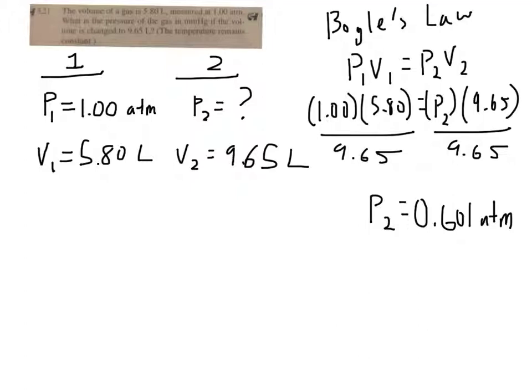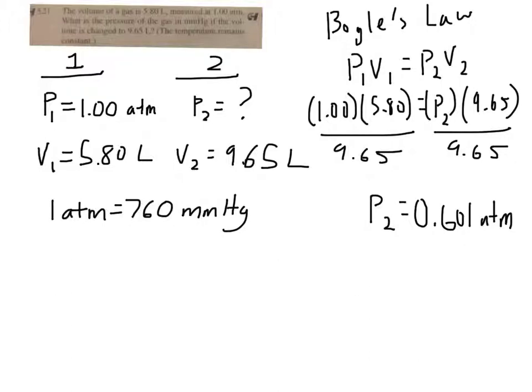The question asks for the pressure of the gas in millimeters of mercury, so we need to make a conversion. This is a fact that you need to learn: 1 atmosphere equals 760 millimeters of mercury, just like 1 mile is 5,280 feet. We're going to use unit multipliers, or dimensional analysis, which is a fancy name for it.